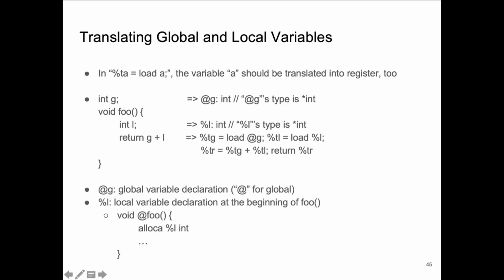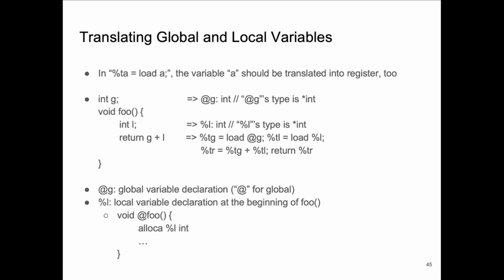So here is a kind of recall of what I just described. @G is a global variable declaration and it has its meaning for the global variable. And %L is a local variable declaration, and in particular, for local allocations, all local variable declarations should be declared at the beginning of a function.